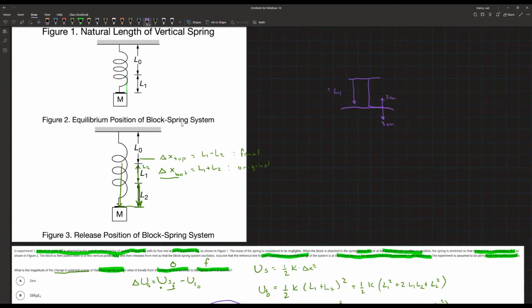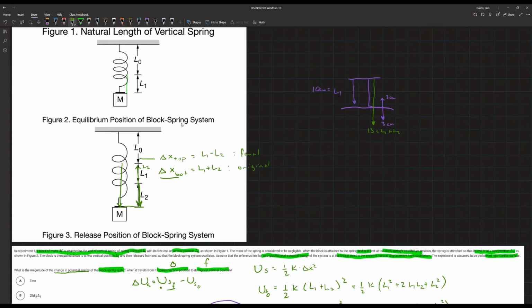So let's say L1 was, I don't know, 10 centimeters. Then if I happen to pull my mass 3 centimeters from the bottom, then this distance here would be 13, or L1 plus L2.